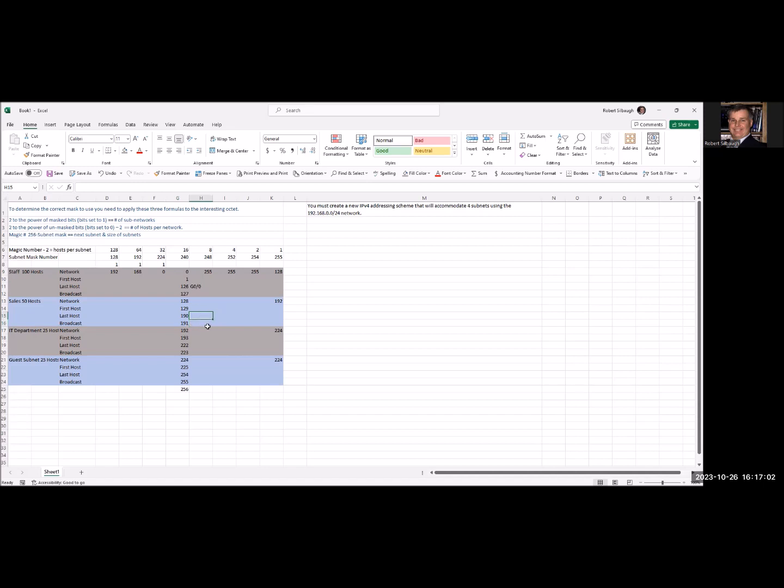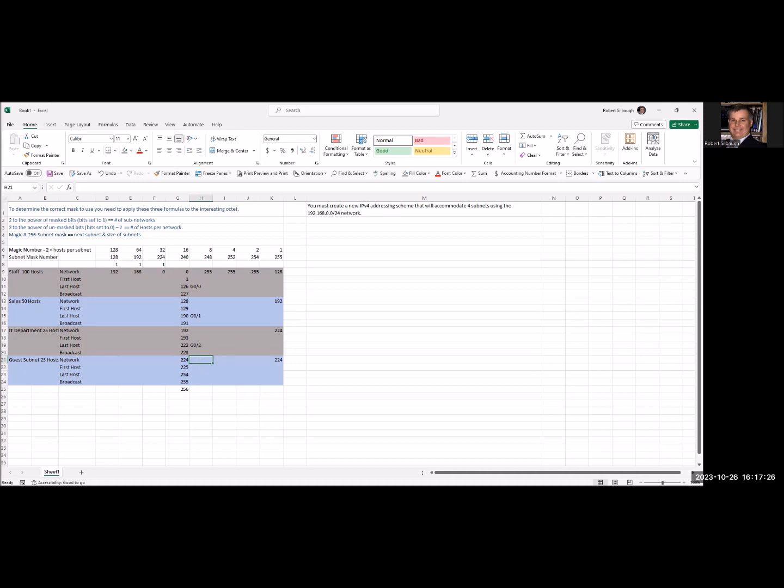And then for the sales network, it's going to be G0/1. And for the IT department, it's going to be G0/2. And then the guest network's not used, so we don't need to worry about that one.